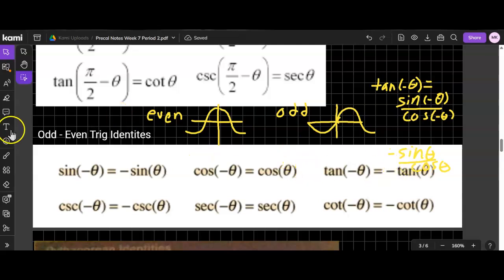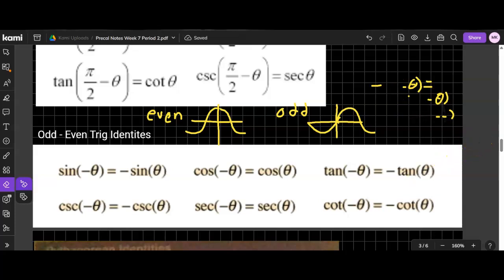Because only the sine is odd, that ends up working out really well, so that your tangent basically follows the same rule as sine being an odd function. And if you look at the graph, you'll notice that tangent's also an odd function that way. Now, we'll be able to continue and take a look at the other key identities involved with our work.